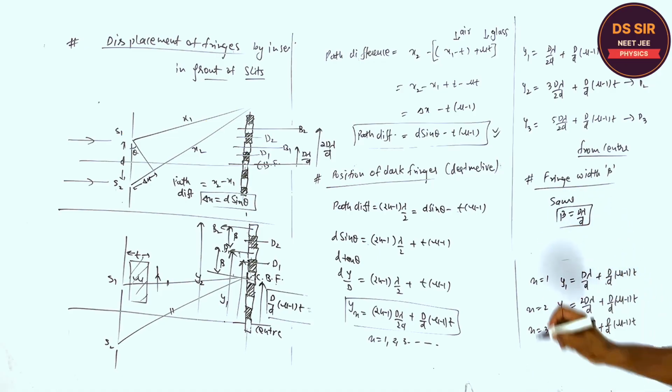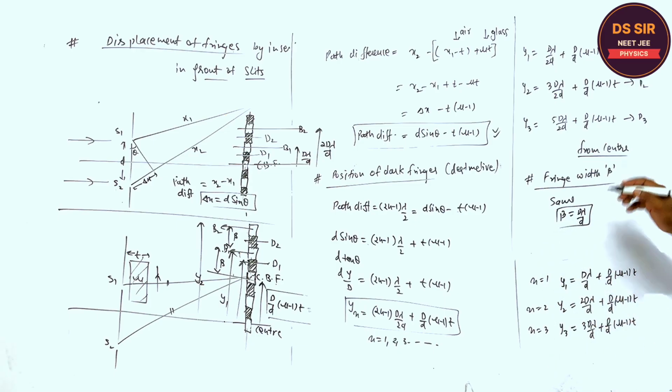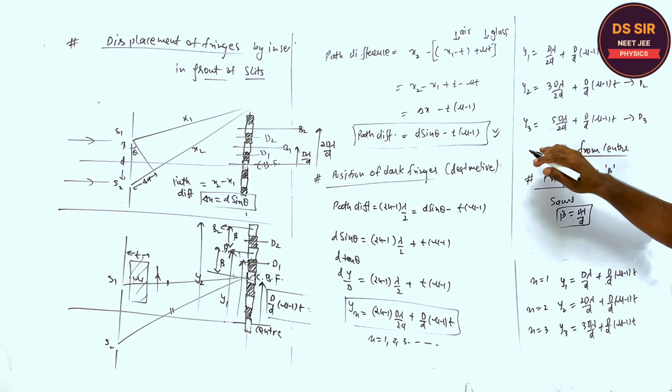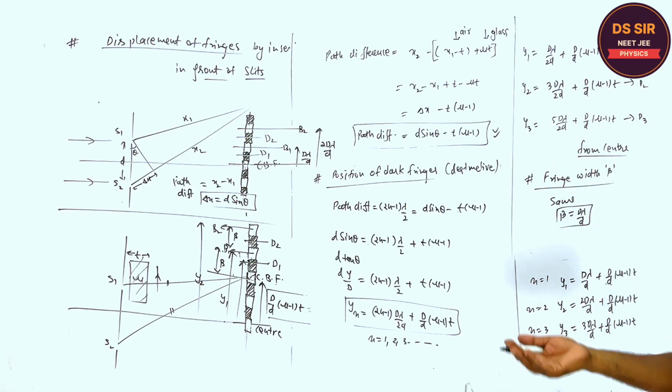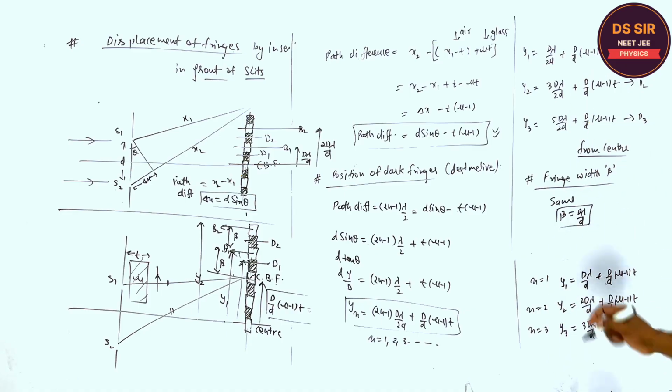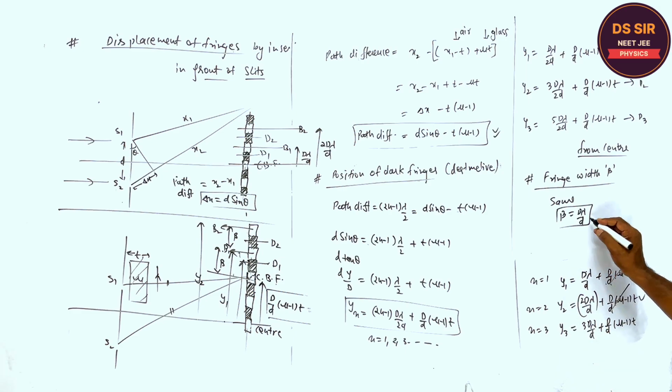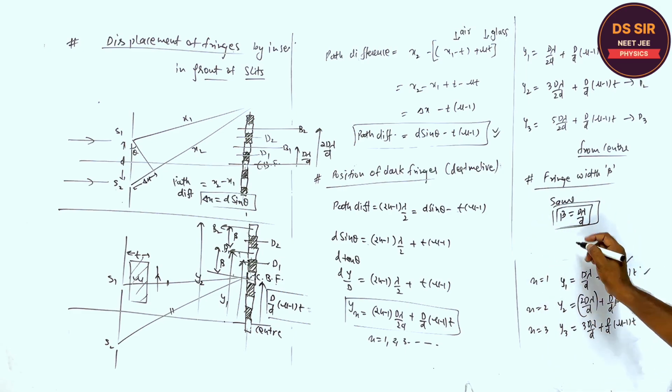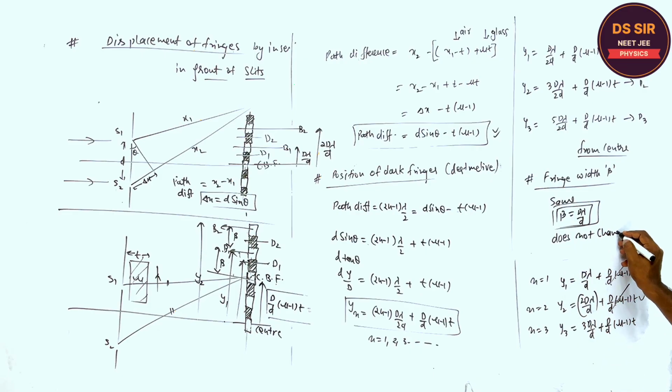Because the fringe width is defined as the distance between two consecutive bright fringes or dark fringes. When you subtract, it will cancel out: 2d lambda over d minus d lambda over d. So it remains the same. It does not change. The fringe width does not change. Are you getting or not?